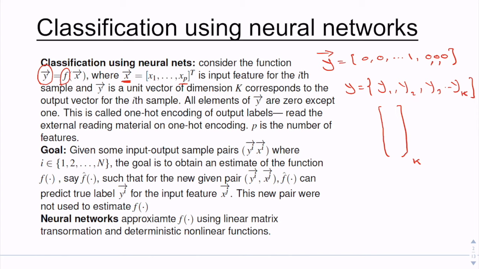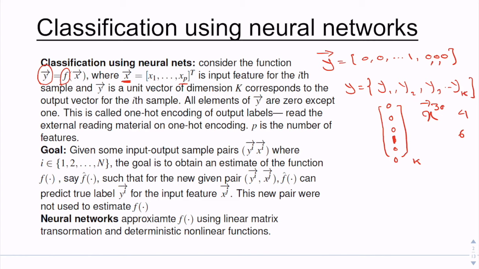We only set the element corresponding to that label to 1 and all others to 0. Let's say for sample 30, the output is label 4, and we have 6 labels. Therefore, this vector has a dimension of 6, so 1, 2, 3, 4, 5, 6. The fourth element is 1, and all others are 0. This is how we form what is called one-hot encoding.